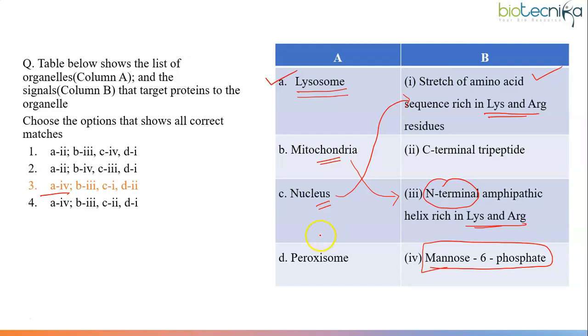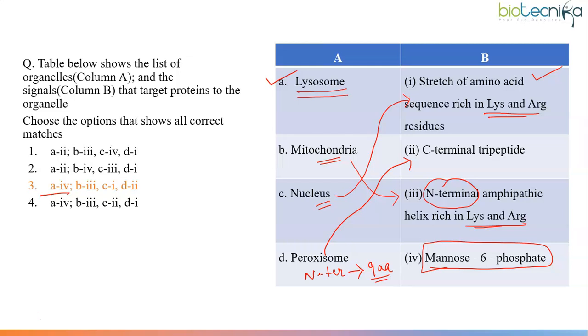Next, what do we have? Peroxisome. So the leftover is peroxisome. Peroxisome will have two signaling sequences. Here also you have the N-terminal signaling sequence, but the amino acid is not given. They have just mentioned a 9 amino acid sequence present towards the N-terminus.